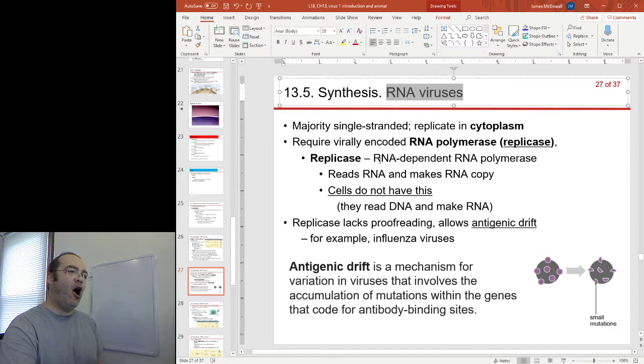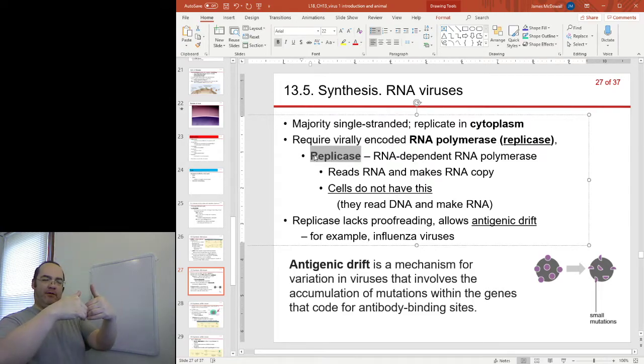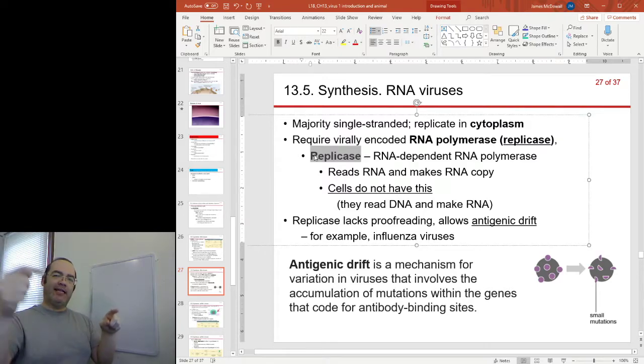So we need an RNA-dependent RNA polymerase, and that does not exist inside cells because no cell ever needs to do that itself. So either the virus brings this replicase enzyme with it inside the capsid, or it has a gene in its genome that is translated into the replicase.